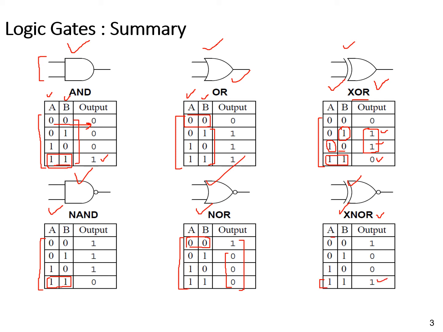The number of ones is zero here, and 0 is always counted as an even number, so it generates 1. It recognizes this and rejects the other inputs. So every gate performs a certain intelligent operation, a certain decision. That is why these gates are called decision making elements or logic elements or logic gates.